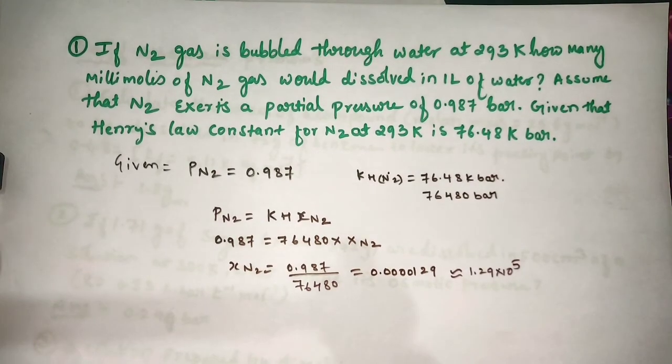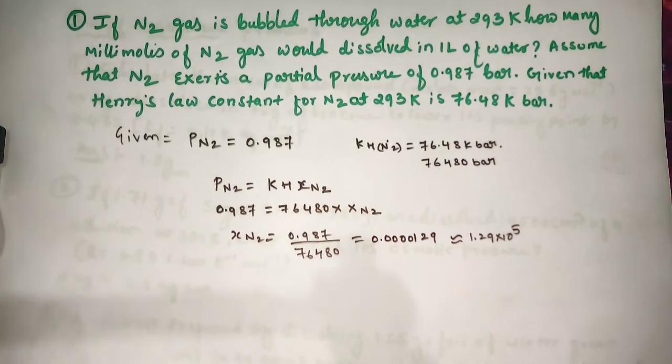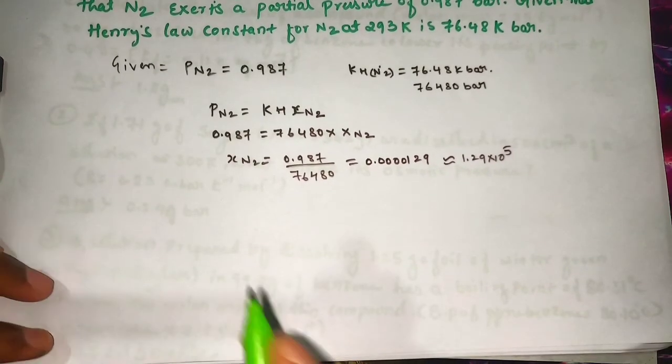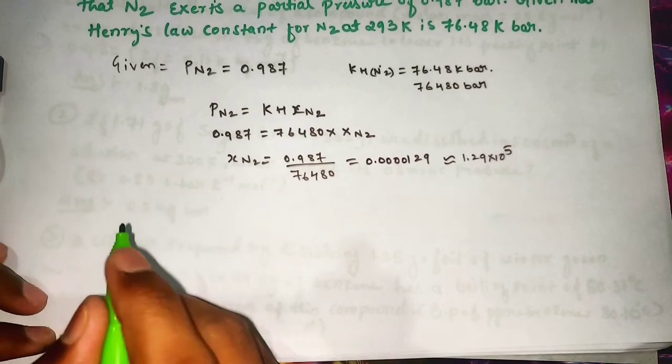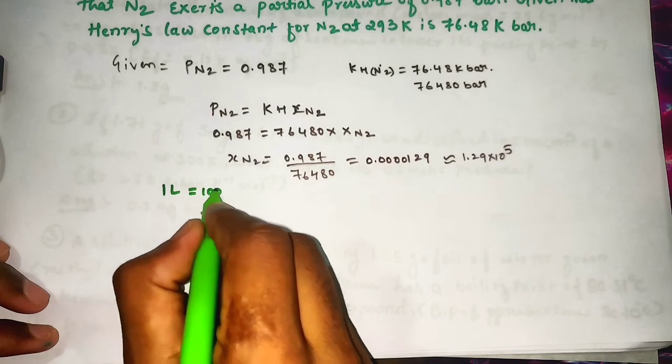But what we need to calculate is the millimoles of N2 gas that would dissolve in 1 liter of water. If we consider n moles of N2 present in 1 liter, 1 liter is equal to 1000 gram of water.